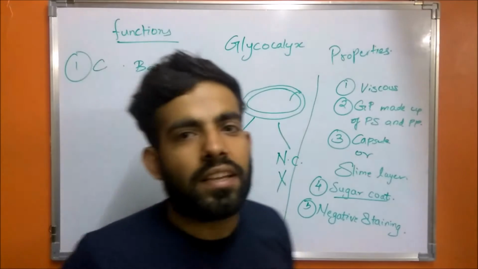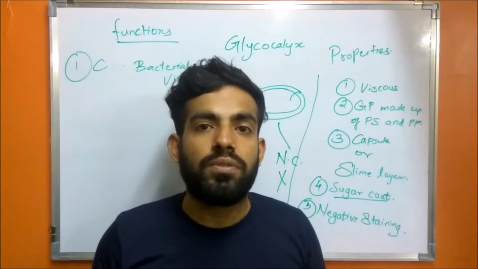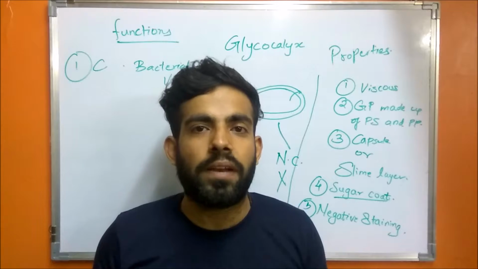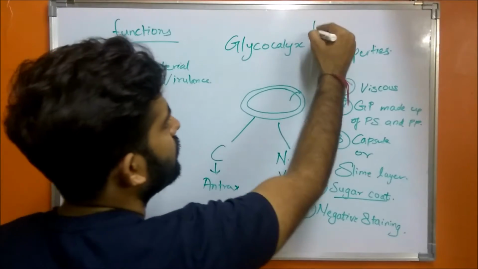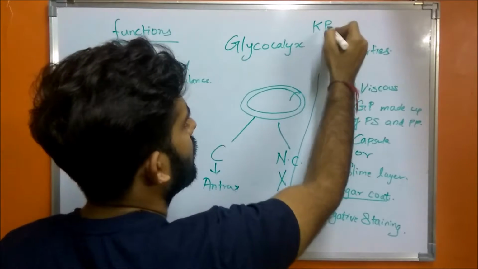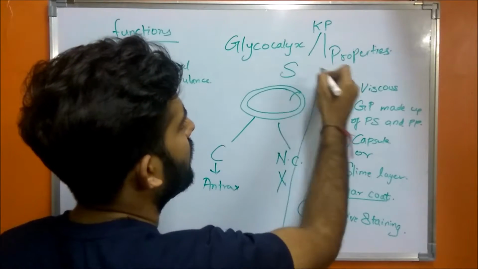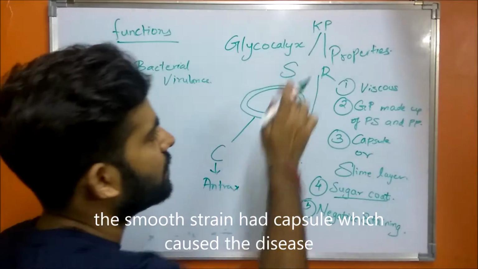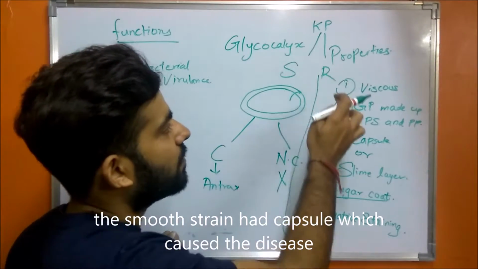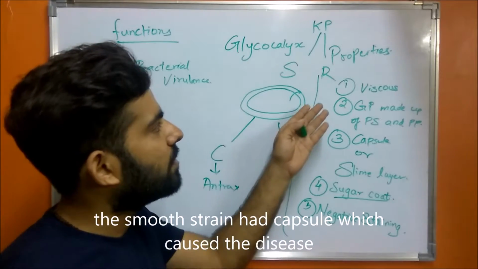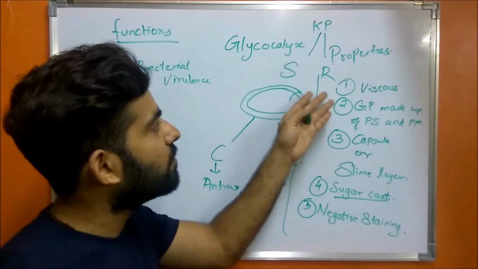Another example is the organism which was used for Griffith's transformation experiment, that is Klebsiella pneumoniae. It had a smooth strain and a rough strain. The smooth strain was able to cause the disease because it had a capsule, while the rough strain was not able to cause the disease because it didn't have the capsule.